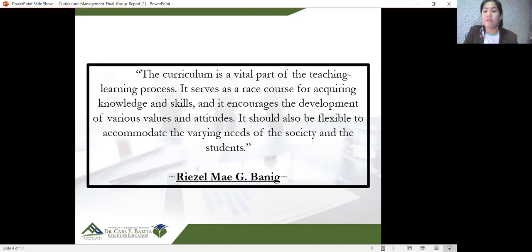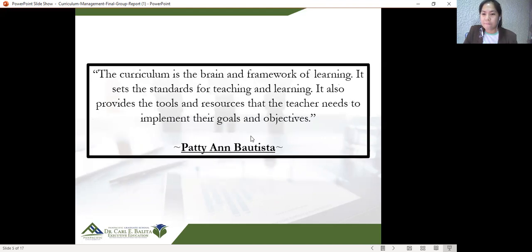Not only the content, but also the context that might assess the performance of our students. Wherein, as you can see here, the emphasis is on knowledge and skills, but not only that, we also need to consider the values and the attitudes of our students.